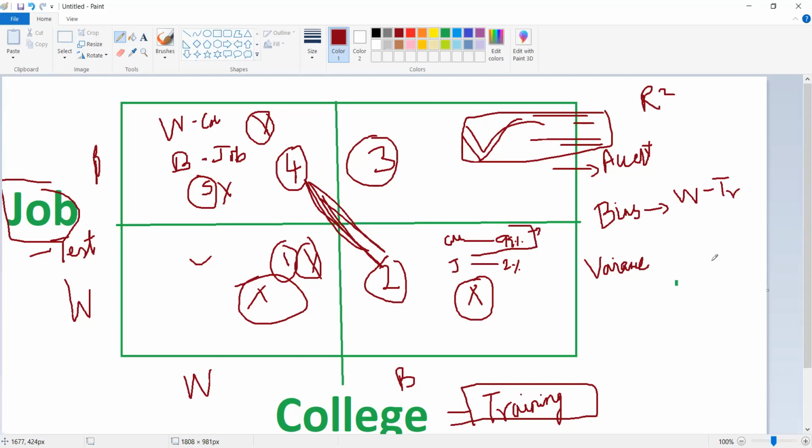See, bias and variance both are error. Both have to be low, right? If both are low, you are in the third box here. This is where bias is low, meaning the student has performed well in college.